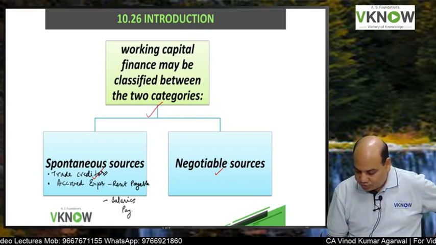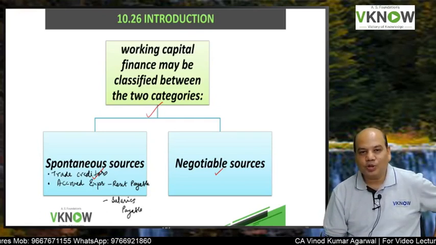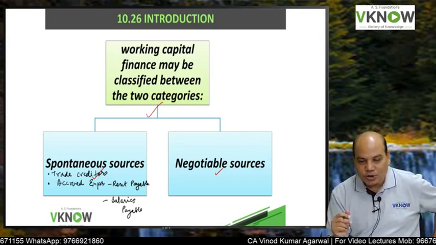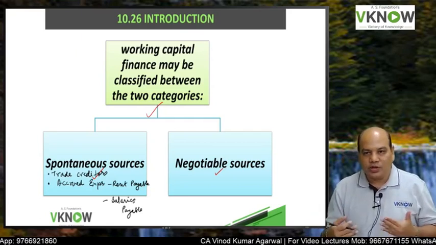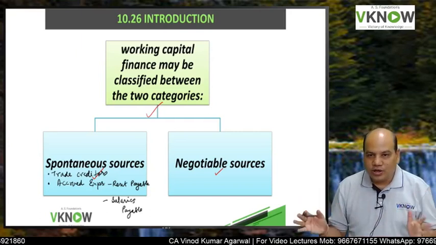So you are using employees' money in your business. If you are required to pay on a daily basis, you will require funds for that purpose. Wages payable, telephone expenses payable, transporter bills payable, all these are spontaneous. They arise automatically. You don't have to separately enter into a contract.